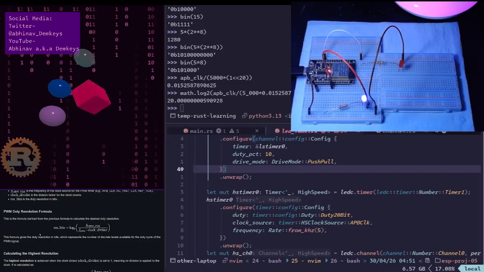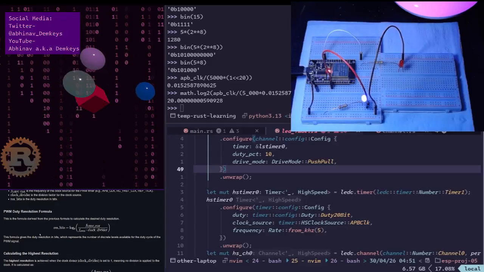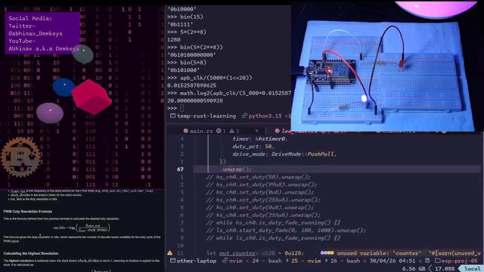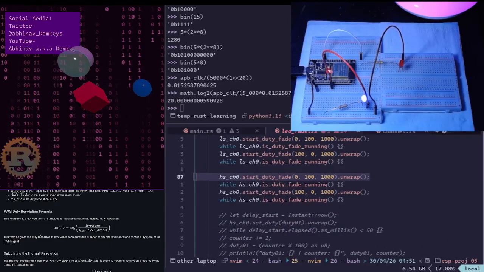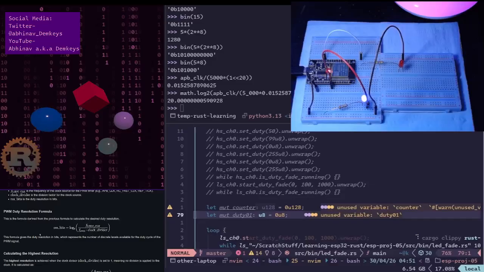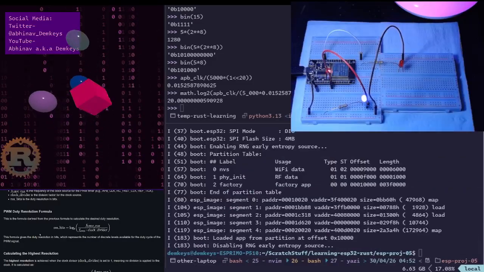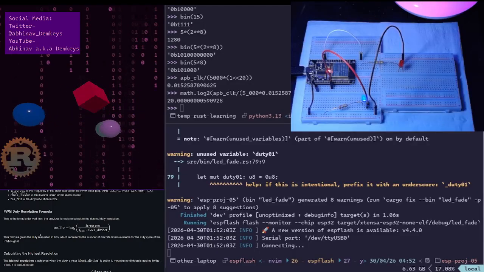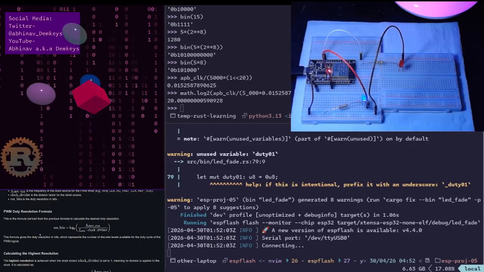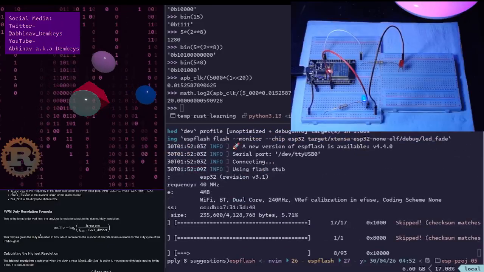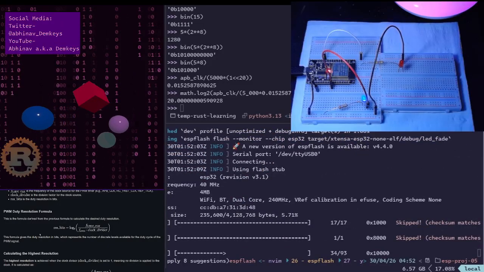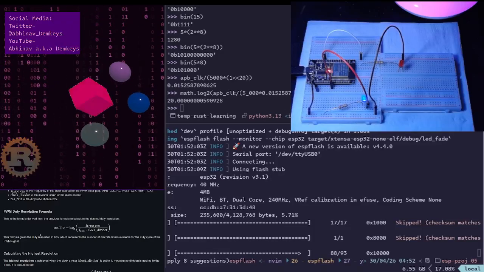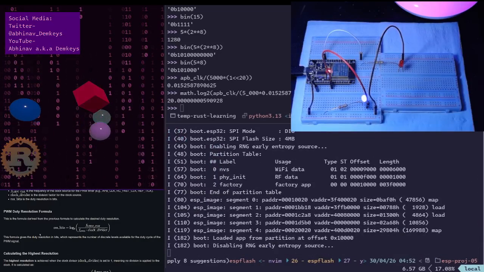So let's say 50%. Actually, one last thing I need to check. Let me do this, okay, and then we're going to upload this. In the meantime, I'll ask Gemini the question. So 20-bit duty resolution, 5 kilohertz. Is there a reason why my LED is just off?